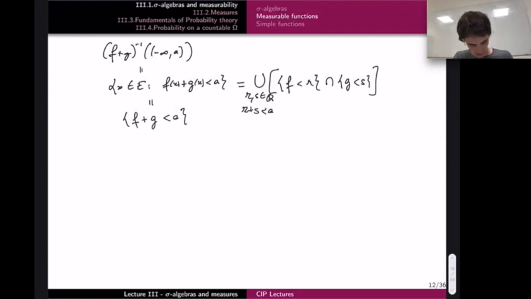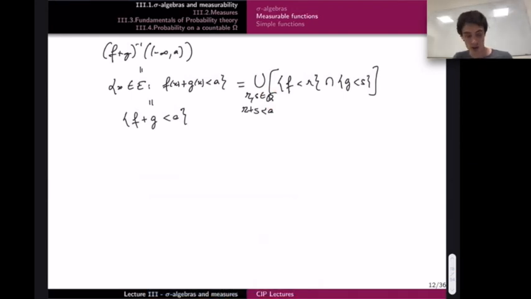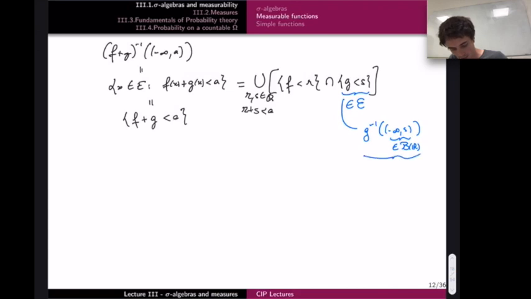And in fact, now I can finish my proof by saying that, well, g is measurable, so this is in E. Remember, this set also, I can write it this way. This is g minus 1 of minus infinity, s. This is in B of R. So this is in E, by assumption on g.